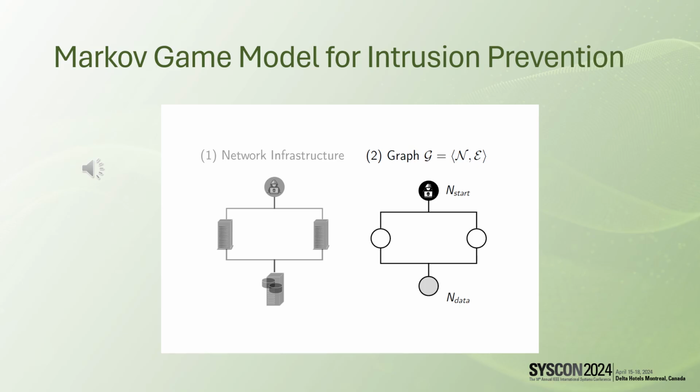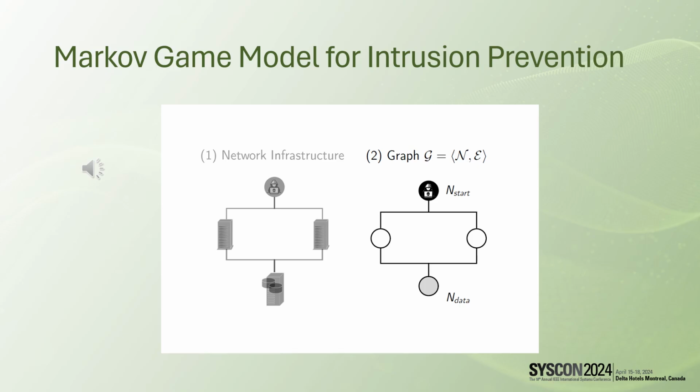A graph can represent the network infrastructure and the possible paths an intruder might take. So this is why the Markovian representation is used here and why the graph is used.